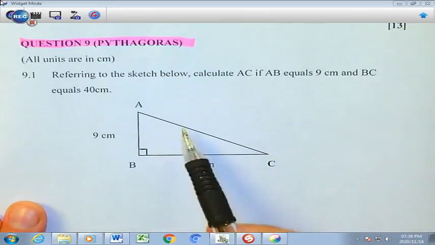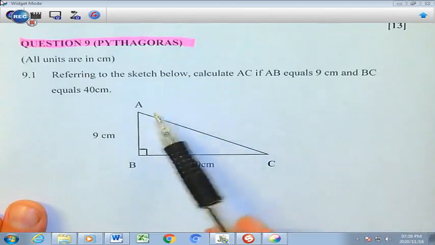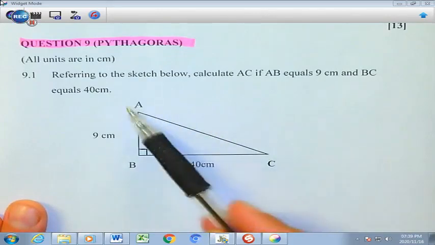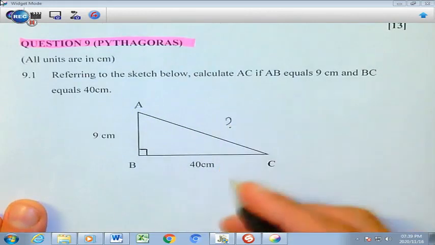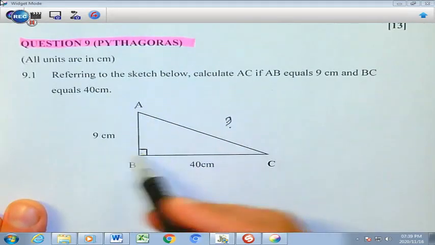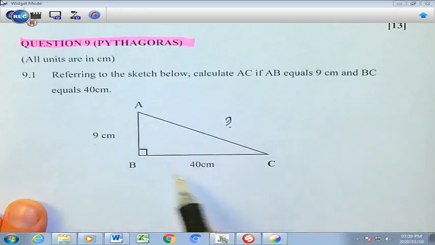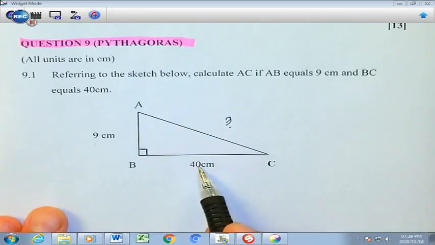You will find, if you examine the triangle, that there's a side, the hypotenuse side, which is the slanted side, AC, which is unknown. You will have AB, which is 9 centimeters, and you will have BC, which is 40 centimeters.